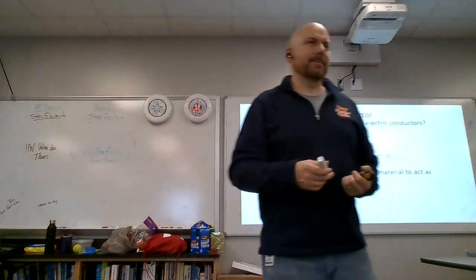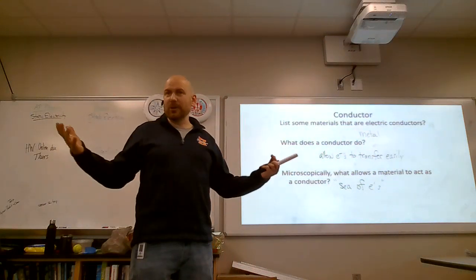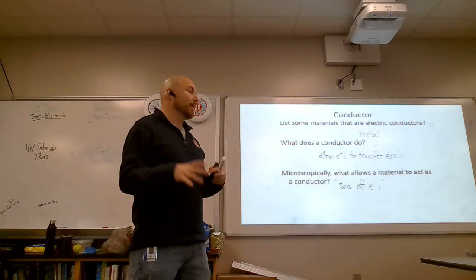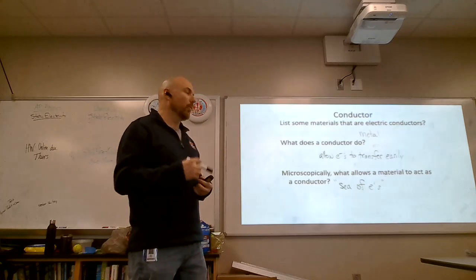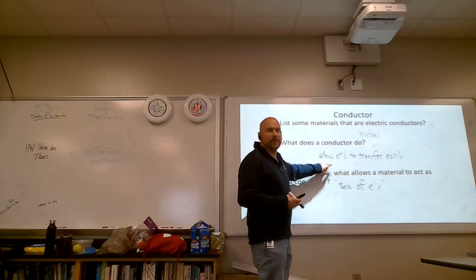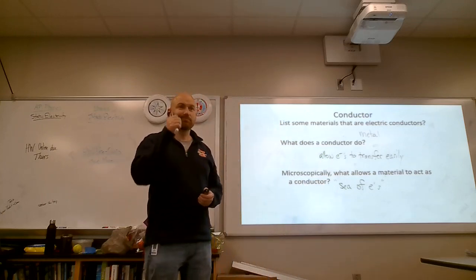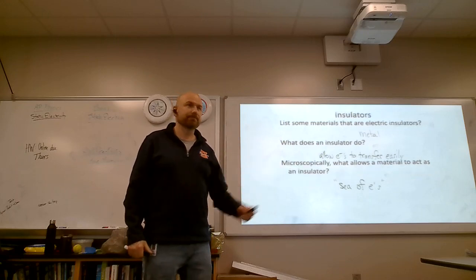Sea of electrons. It's still neutral. The overall charge of the object is neutral, but it's not associated with one atom. Does that make sense why electrons are able to transfer easily with the sea of electrons? Good.